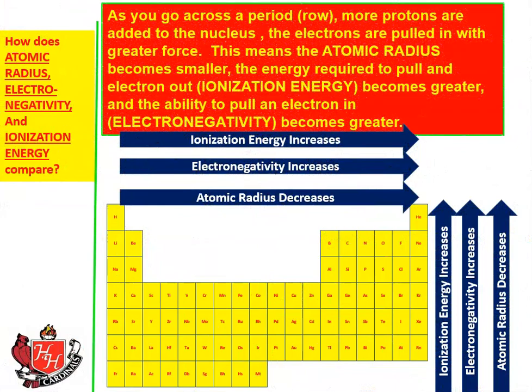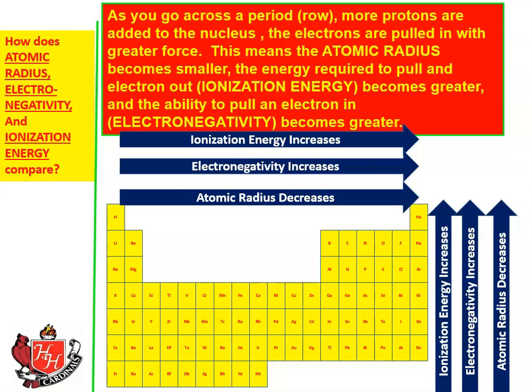Okay, so as you go across a period, a row, more protons are added to the nucleus. This is the explanation for atomic radius. The electrons are pulled in with greater force in all the orbitals, but especially in the valence orbital. This means the atomic radius becomes smaller. The energy required to pull an electron out, ionization energy, becomes greater because those electrons are being pulled closer to their nucleus.